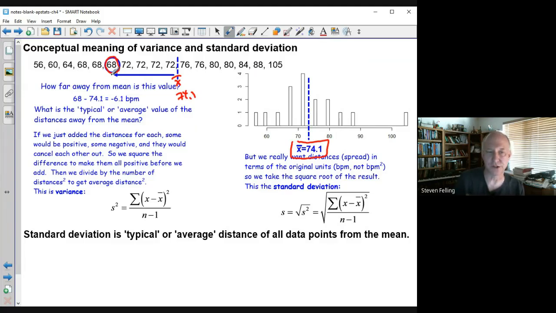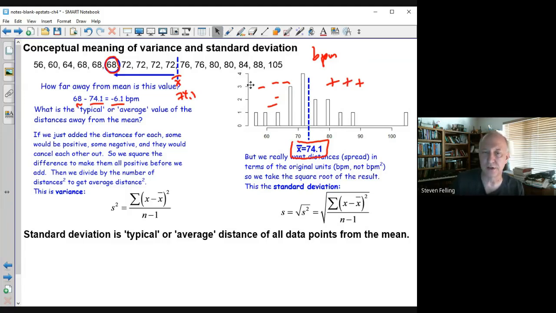Okay, so if I just took 68 minus 74.1, I would get negative 6.1. Right, and right now this is about the beats per minute of heart rates that women had in this data set, right? Okay, now what I don't want to have happen is all these negative numbers, when I add them up with all these positive numbers, cancel each other out, because then we'll just get 0 all the time, right?